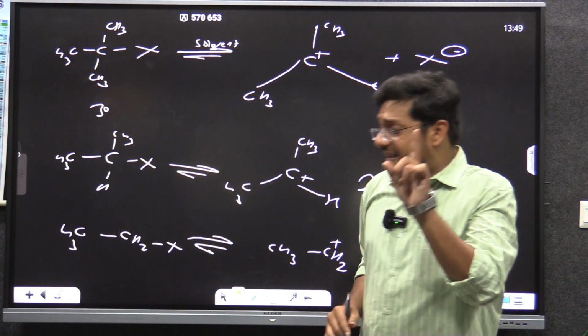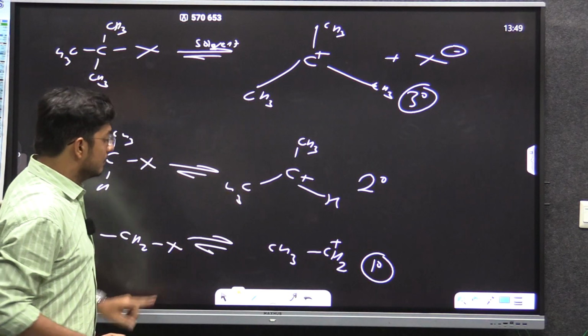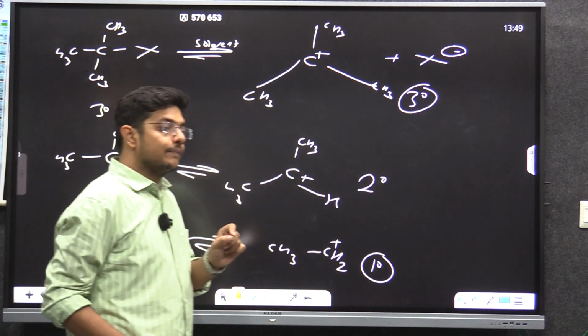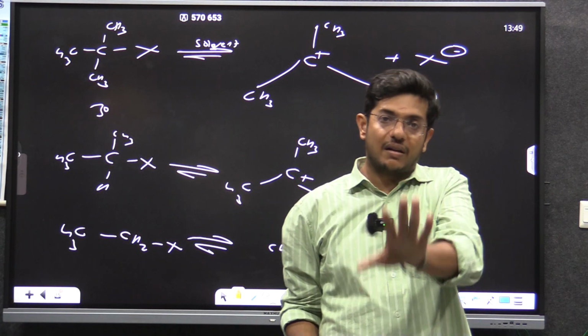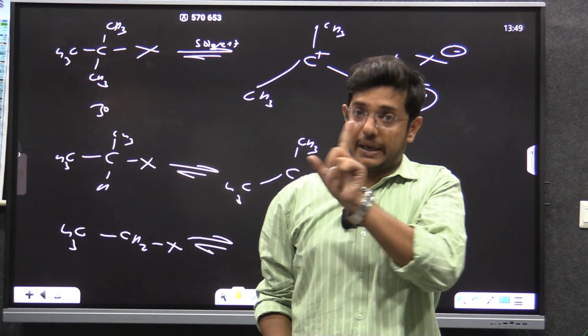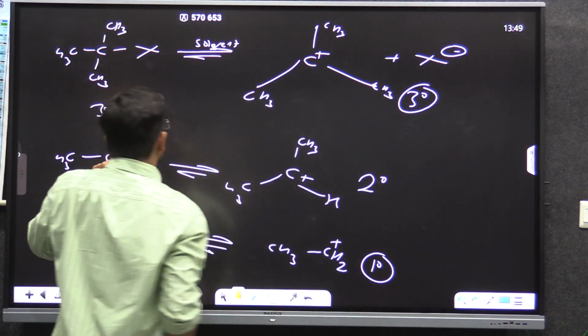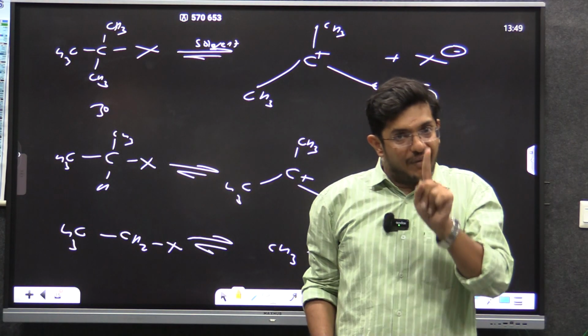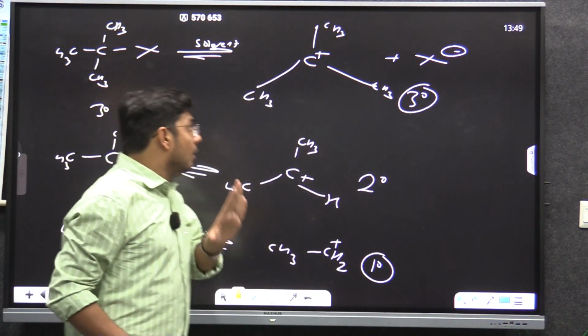My dear, in the SN1 mechanism, the more stable the carbocation, the faster is the rate of reaction. Again I am repeating this statement: the more stable the carbocation, the faster is the rate of reaction.